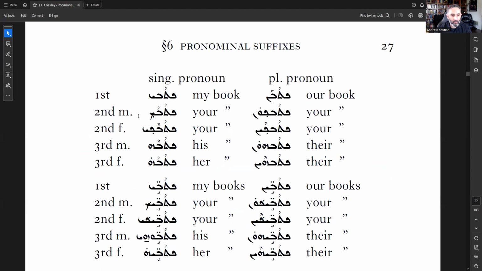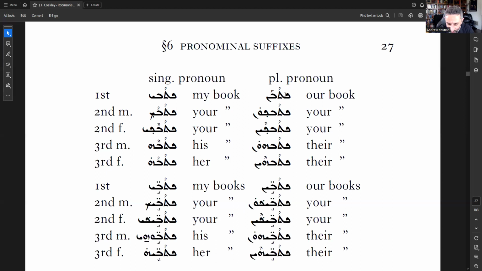In any case: kthau, your book, kthawach; your book, feminine, kthawech; his book, kthaweh; her book, kthawah; our book, kthawan; your plural book, kthawchon, kthawchen; their book, kthawhon, kthawhen.